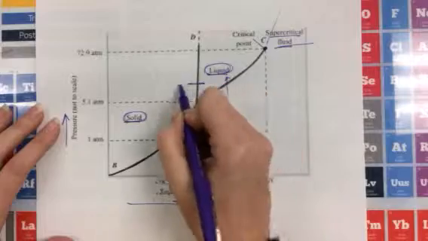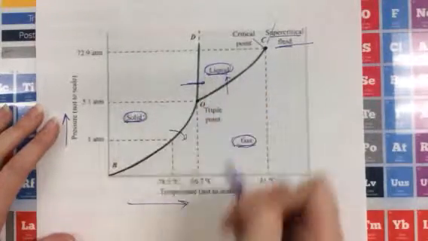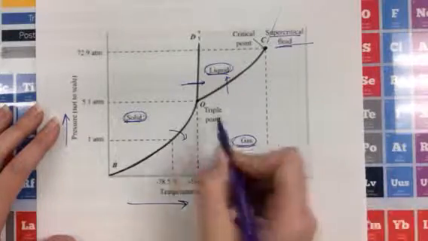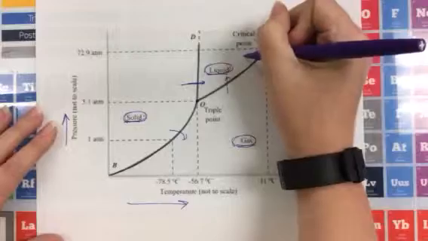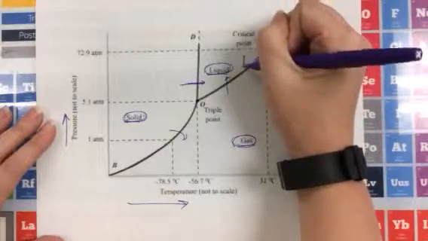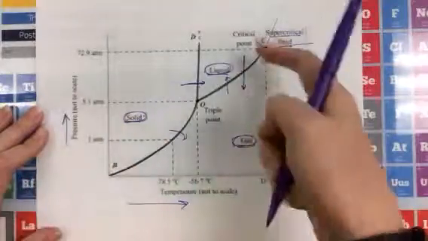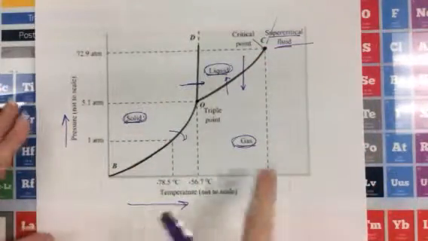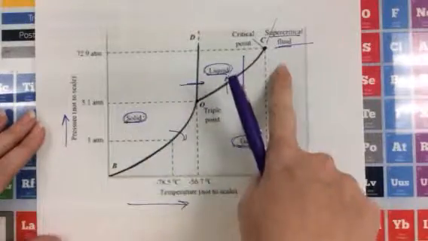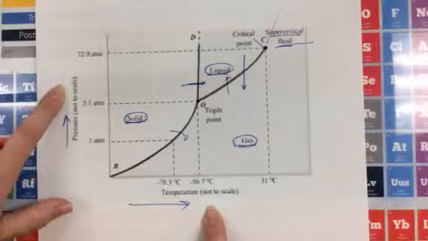Let's say you're right here and you increase the temperature, you're going from a solid to a liquid, so you're going to melt. Or let's say that you decrease the pressure and you're right here. If you decrease the pressure, you're moving down this way because pressure's on this side. That means you're going to go from a liquid to a gas, so you're going through evaporation. So it will tell you state of matter changes. It'll tell you the state of matter based upon different temperatures and pressures.